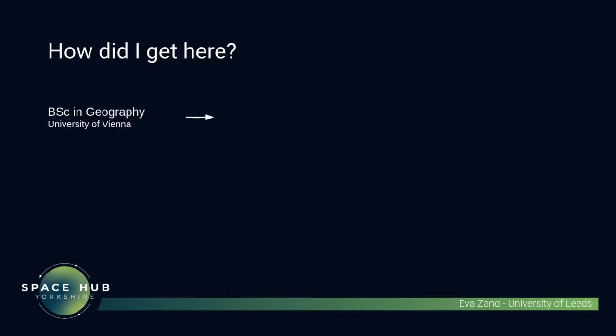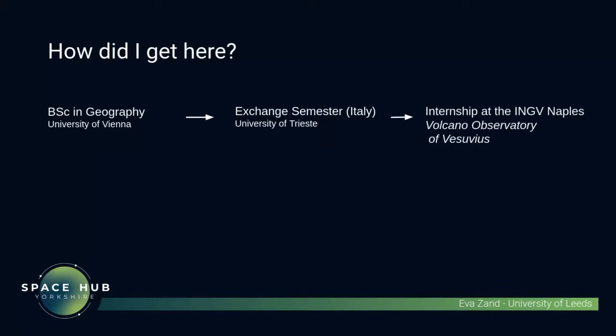And during this time, I was able to do an exchange semester in Italy. And as I had to do an internship throughout my bachelor's degree, since I was in Italy already, I decided, why not keep on doing this, and decided to do an internship at the ENGBU in Naples.